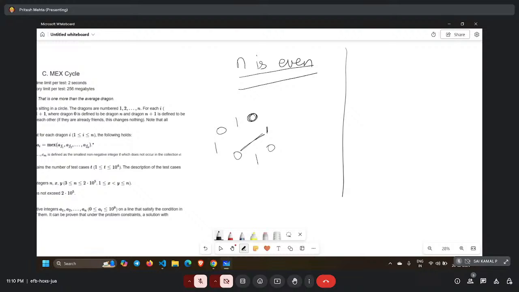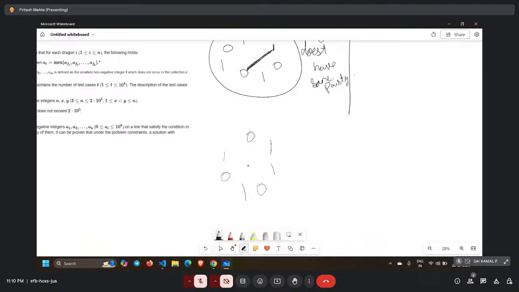Now let us suppose x and y have the same parity, but n is even. So let us see, these both are friends. Now since this element has mex 1, but its friend is also 1, so this mex is 2 and not equal to 1.